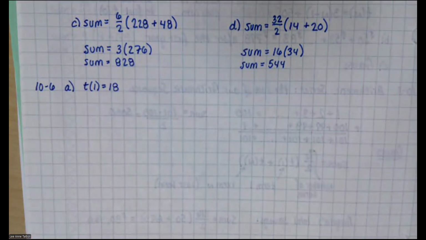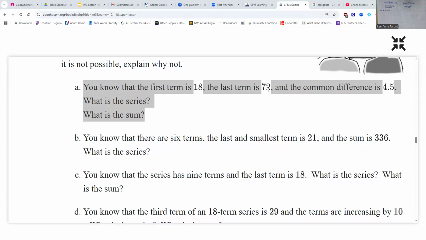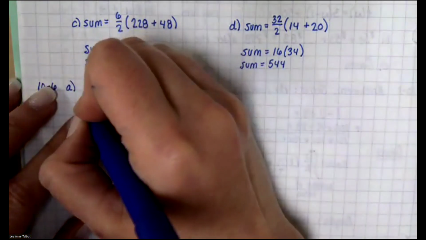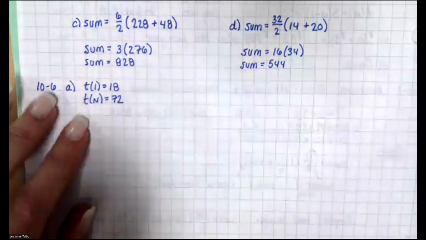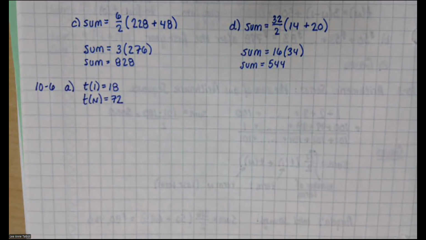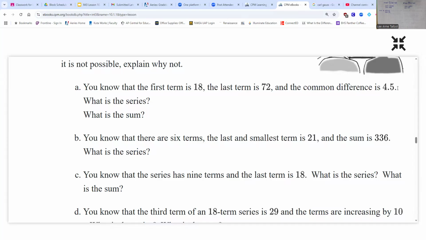Part of this is about translating the words into the symbols. Okay, this says the last term is 72. Now we don't know which one that is, so we're going to put T of n. And the common difference is 4.5. That's the growth, and that means it's D.